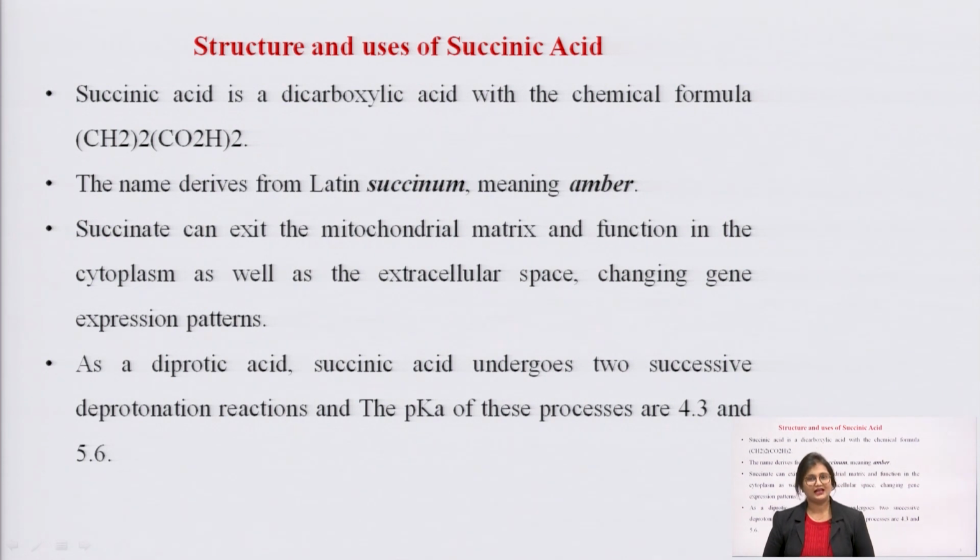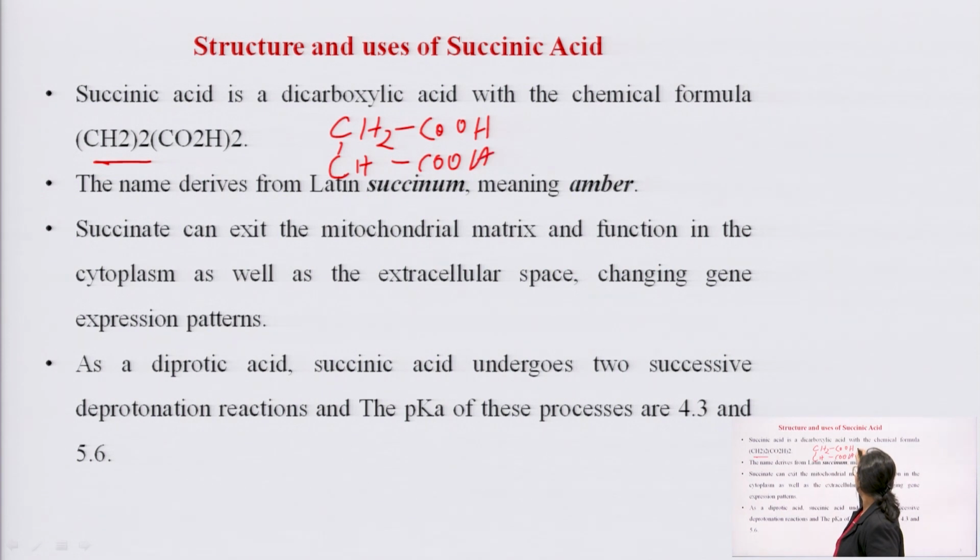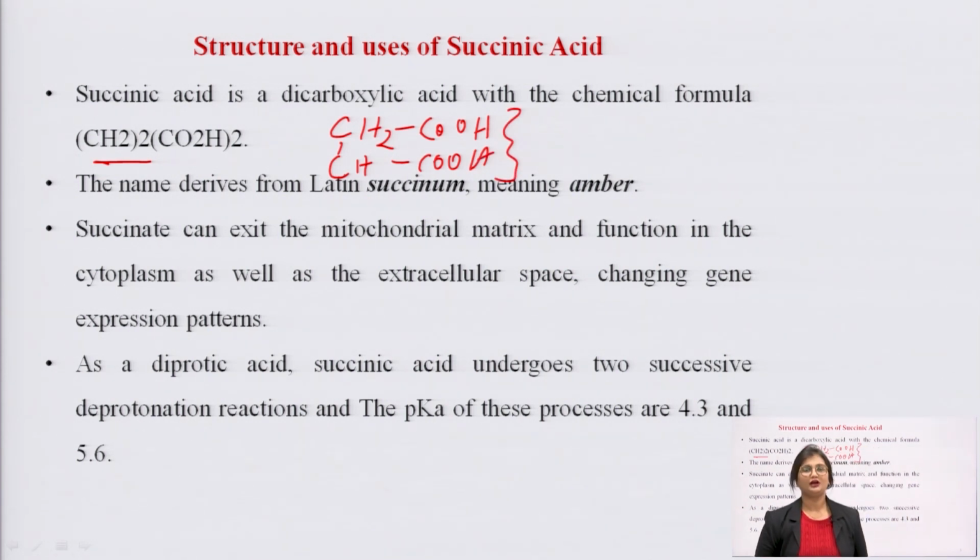Now, succinic acid is a dicarboxylic acid, that is, it contains 2 COOH groups. It has the chemical formula CH2 twice, COOH twice, having 2 carboxyl groups. The name derives from the Latin word succinum, which means amber.